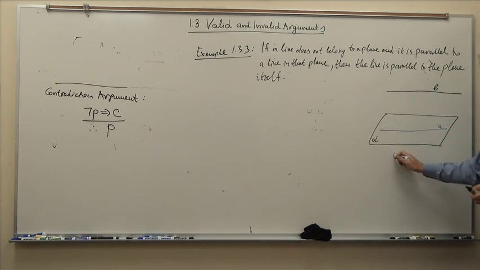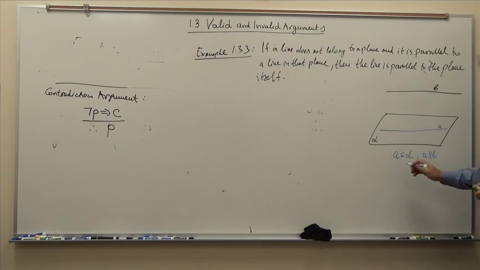So we know that A belongs to the plane, like it's a subset of the plane. You see the sign for subset. We'll talk about it in chapter 3. So A is a subset of the plane, and we also know that A is parallel to B.